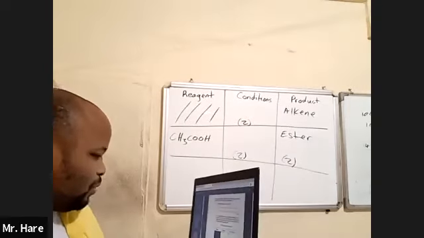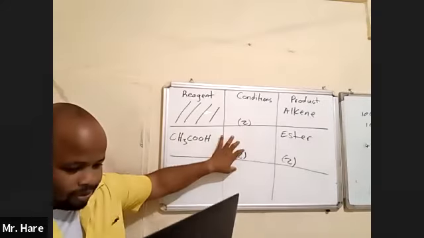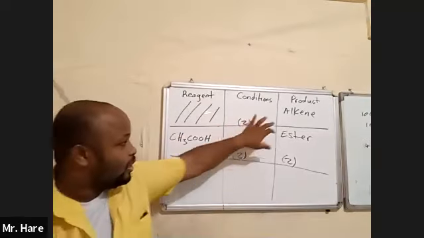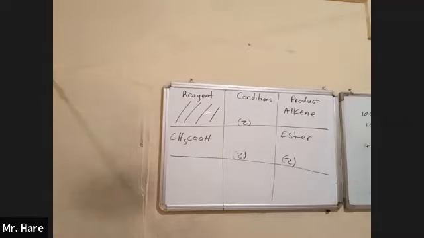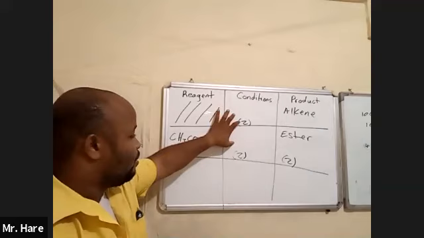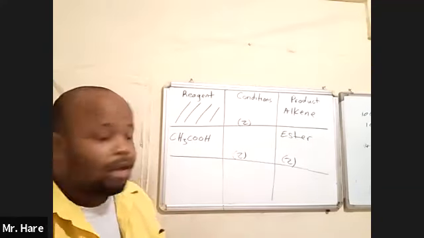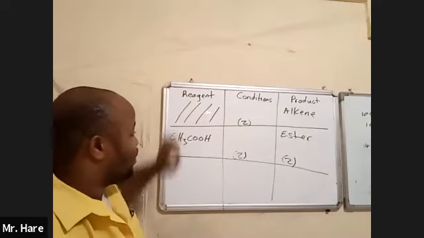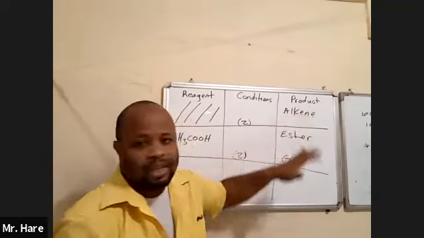What they want us to do is complete the table by inserting the reaction conditions and drawing the structure of the product. Remember, this is a table showing the reactions of alcohols. They did not give us the reagent for this one. They asked us for the condition, and the product is the alkene.